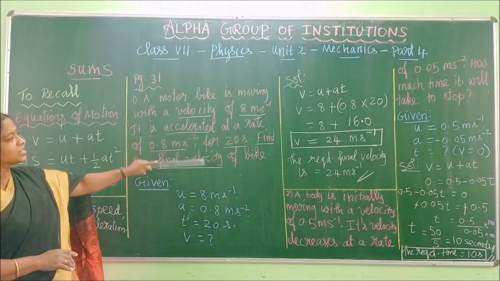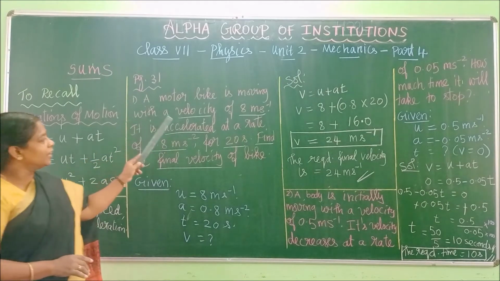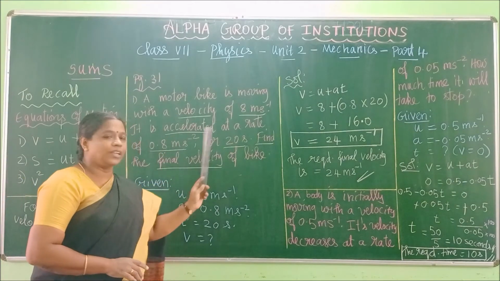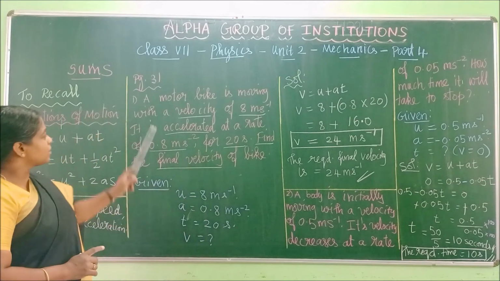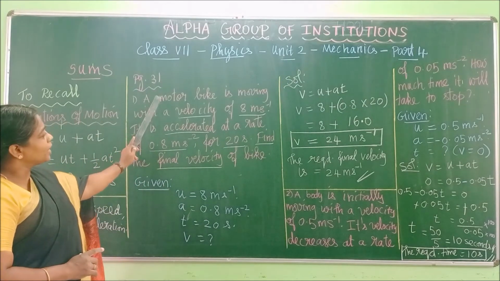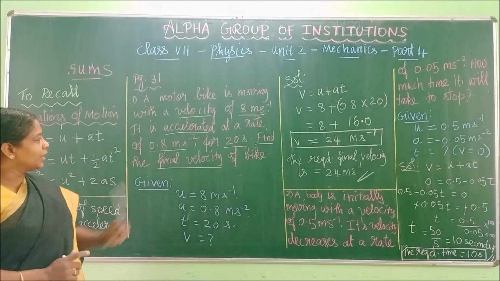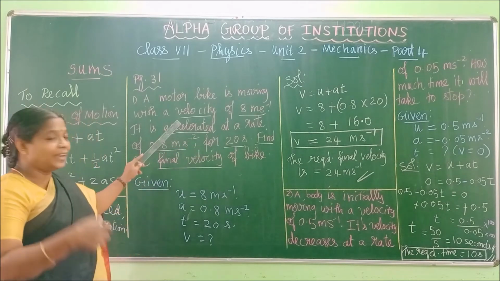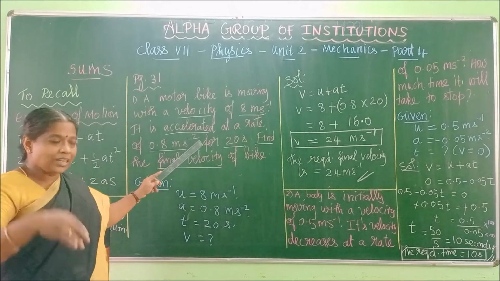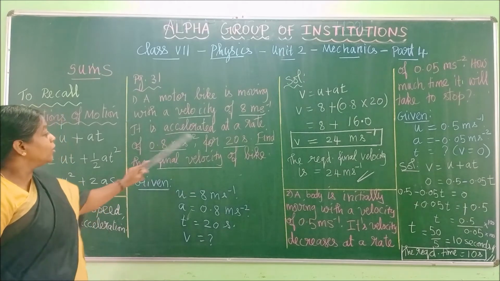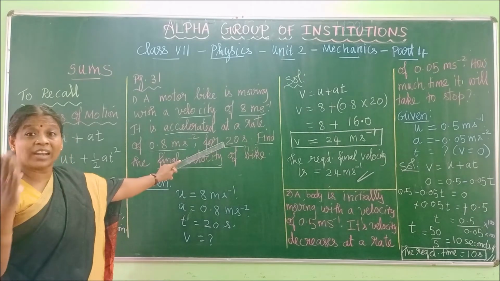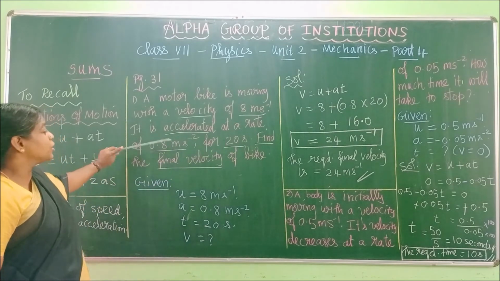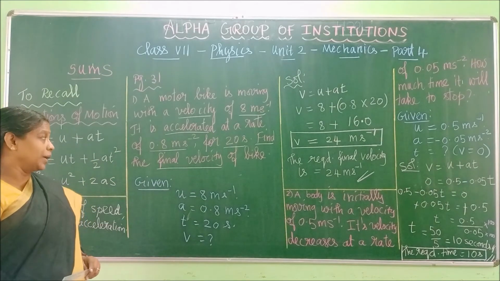When you read the sum, before understanding it, you should underline the key terms. First you understand the sum. A motorbike is moving with the speed 8 meters per second and it is getting accelerated. The speed is still getting increased for 20 seconds. At what rate? At a rate of 0.8 meter per second square.